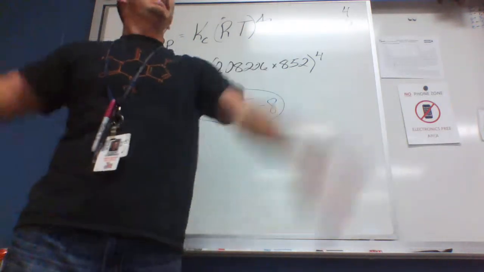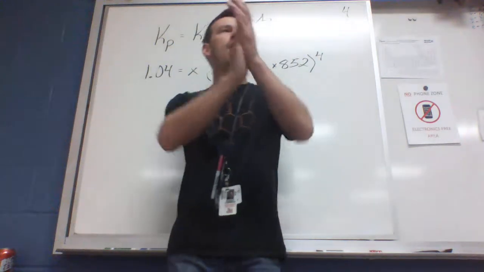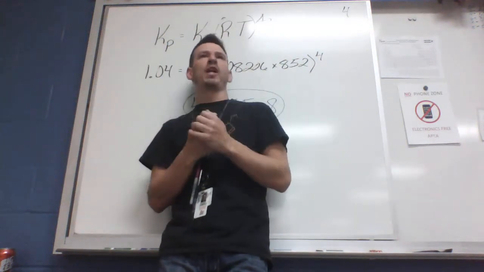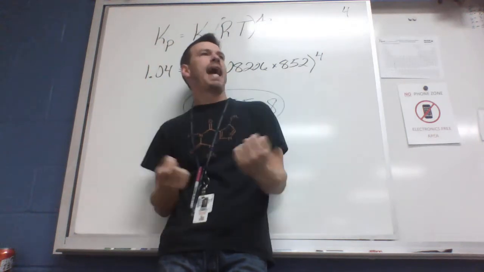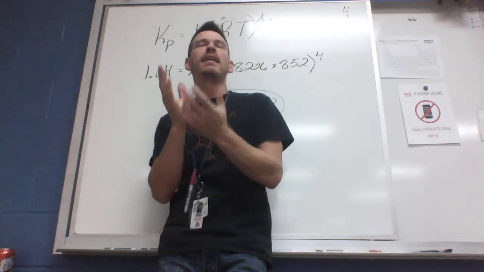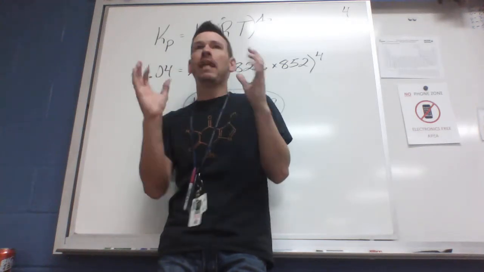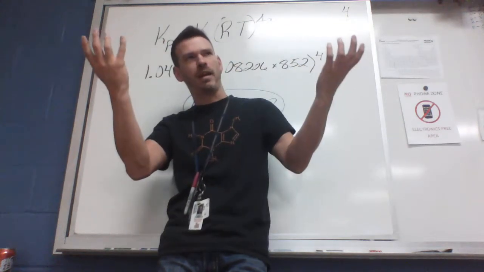The final idea that I want to put into your brain is this. They like to ask conceptual questions about the connection between the forward and reverse reactions in regard to K. Realize that everything we're doing right now, even though they're at equilibrium, you're still identifying reactants versus products.